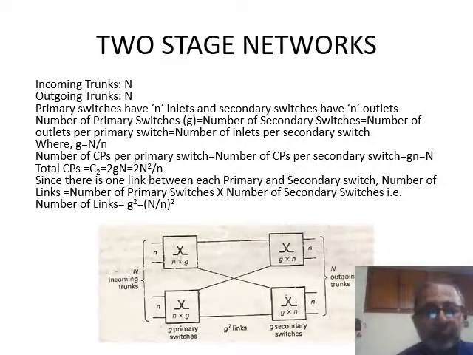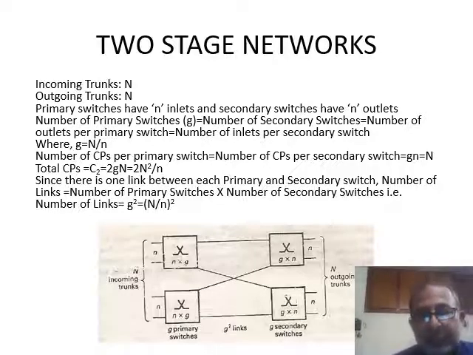Let's suppose the total number of inlets of the system is capital N, and the total number of outlets in the system is capital N. So N is the number of inlets and N is the number of outlets.